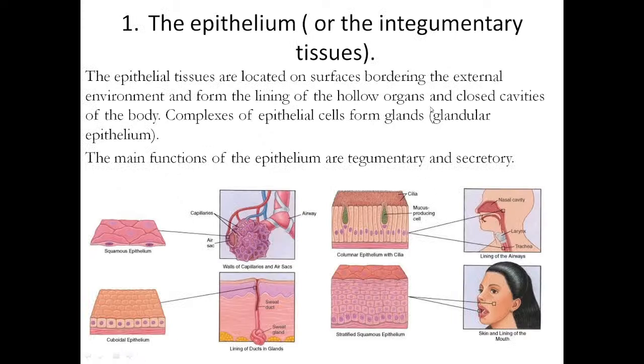And then the epithelial tissues are located on surfaces, bordering the external environment, and form the lining of the hollow organs and closed cavities of the body.